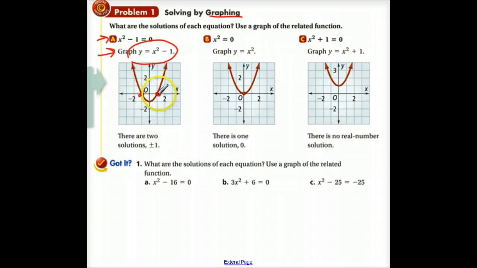In this case, it crossed at 1 and -1. So we have two solutions, which we write as positive and negative 1. With a parabola, you'll have either two solutions, one solution, notice it touches just at 0, or no solution because the vertex is above the x-axis.